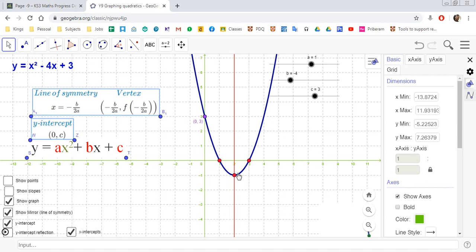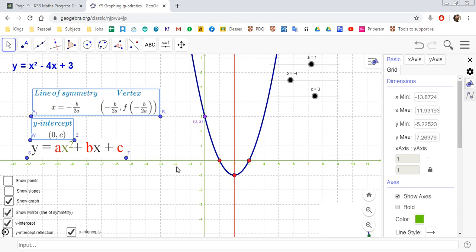So the vertex here is going to be minus b over 2a, which is 2, and the solution of the equation for that is minus 1. So it's 2, minus 1.